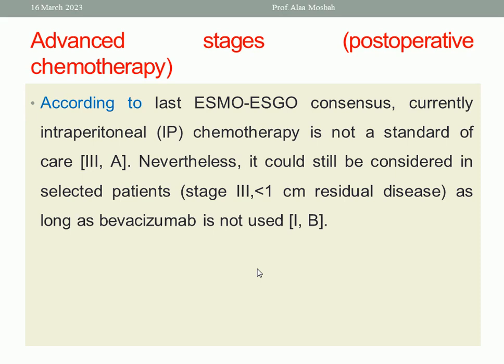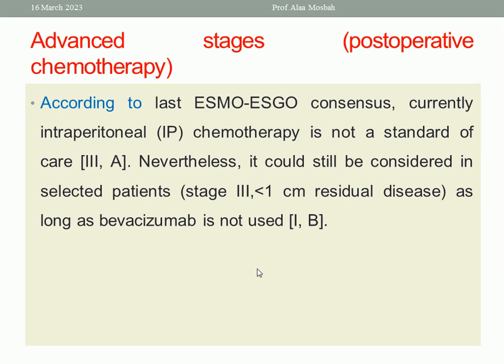But take care: if the patient is taking bevacizumab, you shouldn't give intraperitoneal chemotherapy. So the patient should not have received bevacizumab. Should be clear enough.